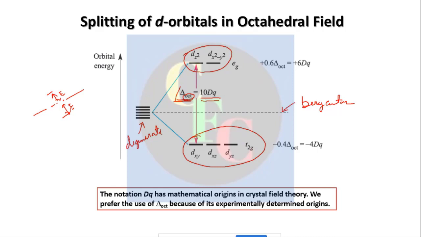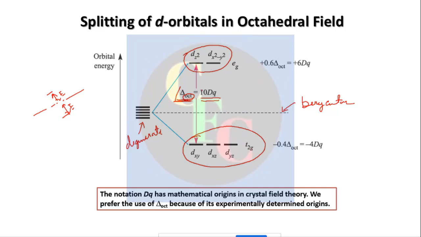This 10 Dq is actually equal to the octahedral field splitting. It has a mathematical origin, but it is also used in chemistry and spectroscopic terms, and it can be used equivalently with delta oct. But be sure to use only one convention in your answers. If you use 10 Dq, then from start to end use only that convention. If you use the delta convention, then use the delta convention. Do not mix up. That is important.